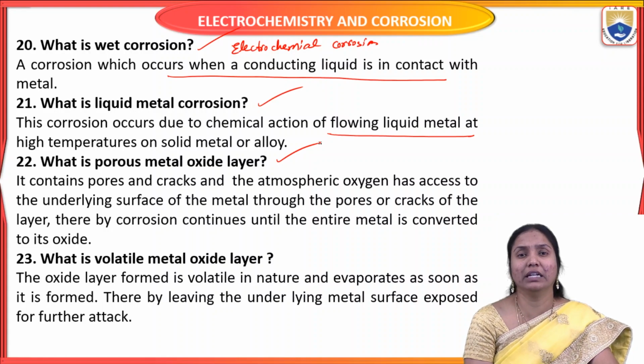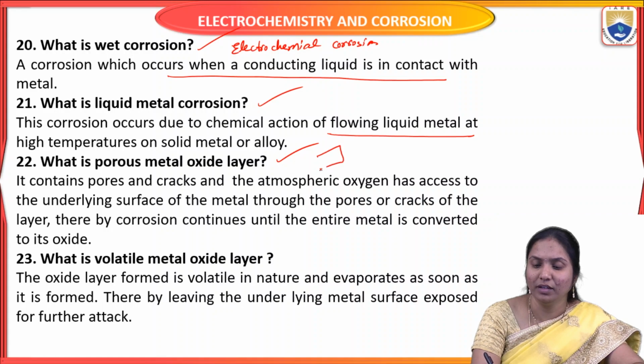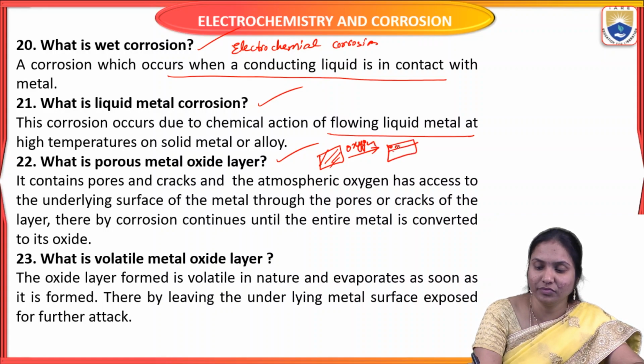And the next question is, what is a porous metal oxide layer? For example, when a metal interacts with atmospheric oxygen, it forms a metal oxide layer.